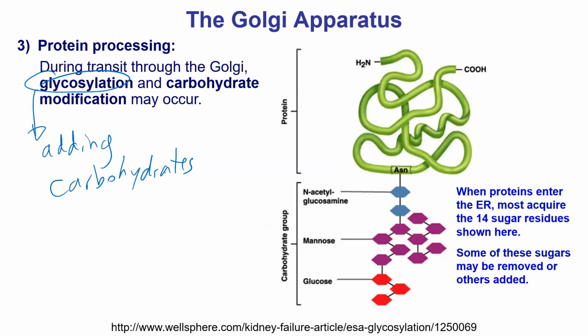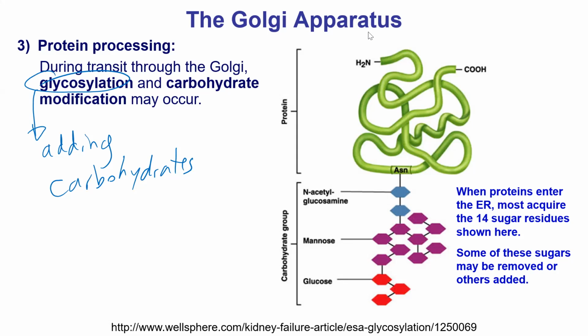You can see these blue things are N-acetylglucosamines. We have some mannoses and glucoses, and so on, right? And these carbohydrates are involved in cell recognition. I mentioned before that blood groups are examples of carbohydrates attached to proteins, and the blood groups are helping your body recognize that those are blood cells.